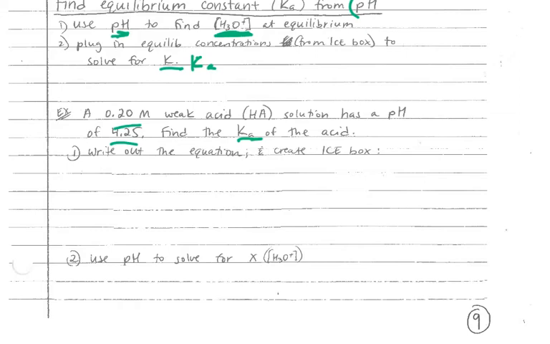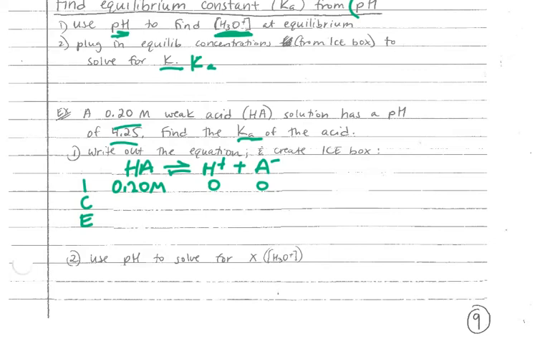So the first thing we want to do is always write out the equation and create an icebox. For this acid, HA, it's going to dissociate into H plus and A minus, the anion. In our icebox set up here, we have 0.20 molar initially of this and none of this.